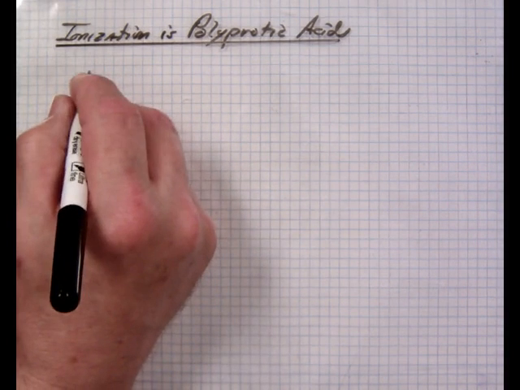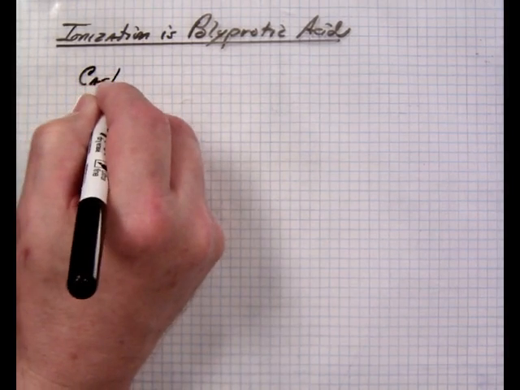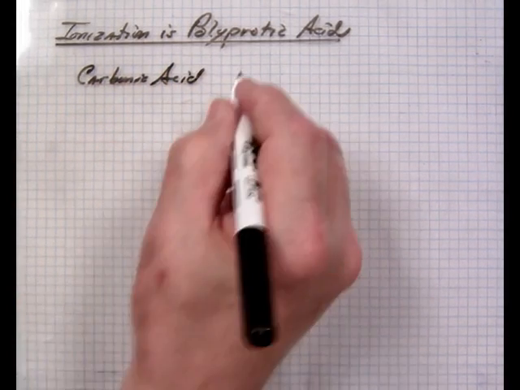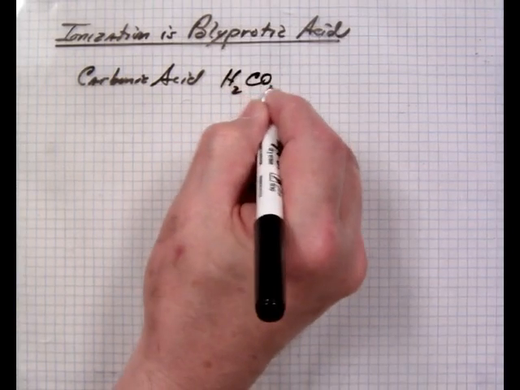Okay, ionization in polyprotic acids. What's a polyprotic acid? Well, it's an acid which has more than one ionizable hydrogen. An example would be carbonic acid, H2CO3, which has two ionization steps.